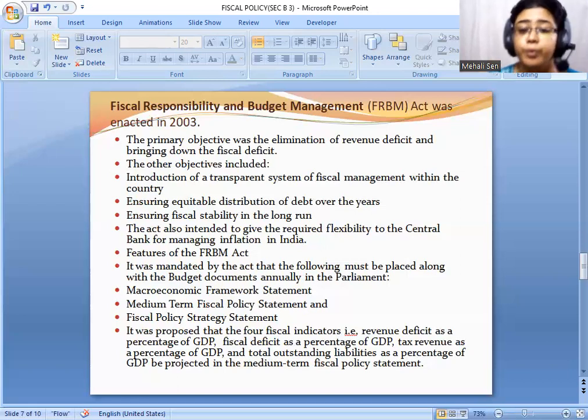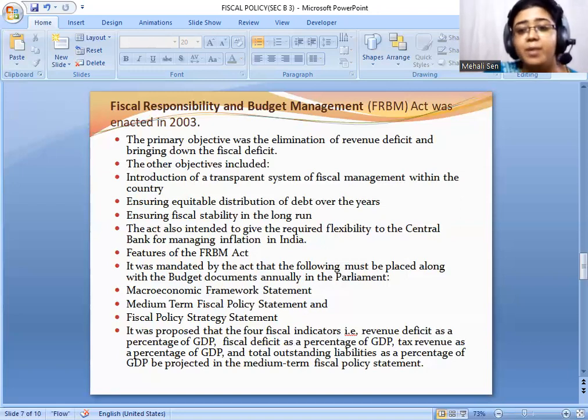We need better alignment in the public expenditure. So the government introduced the Fiscal Responsibility and Budget Management Act, in abbreviated form FRBM Act, enacted in 2003 for better alignment of the public expenditure.